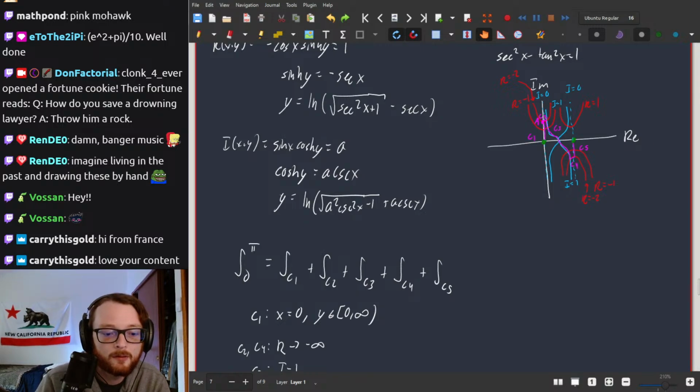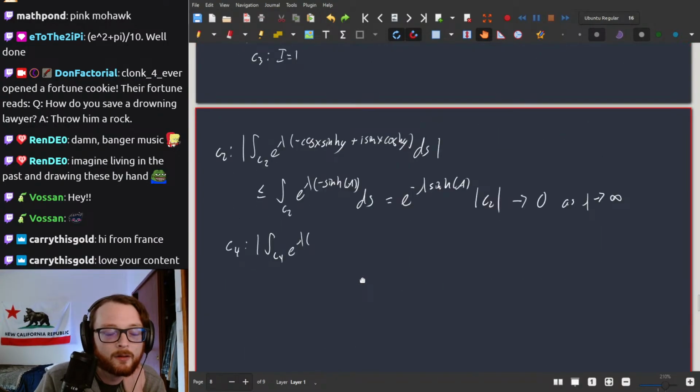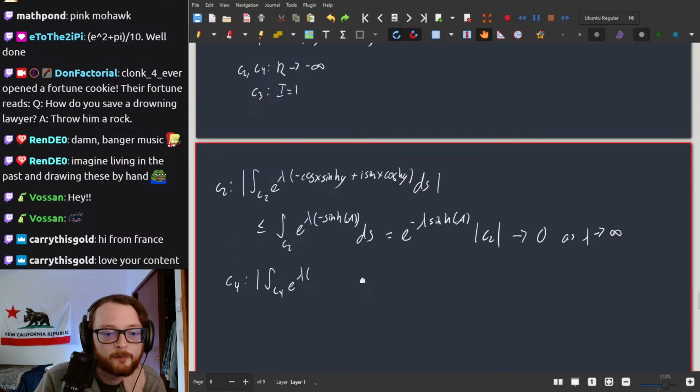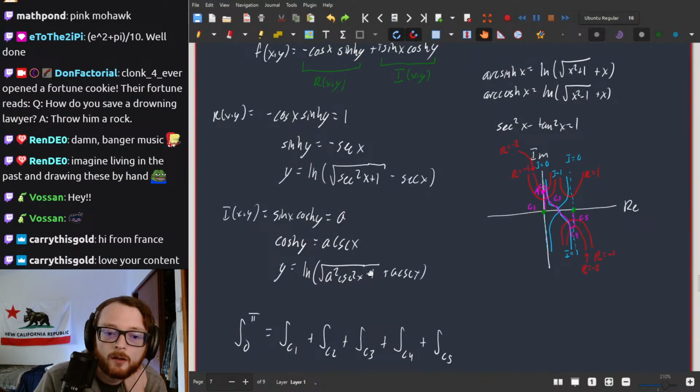Hmm, something about this doesn't feel right. But what I did for C2, I think the result should still be right. It's just how I got it.